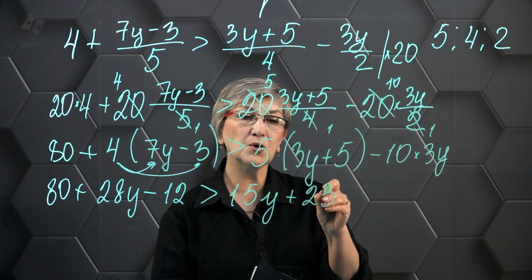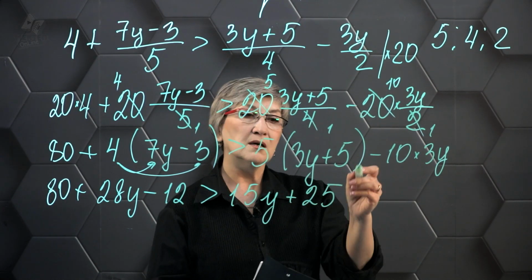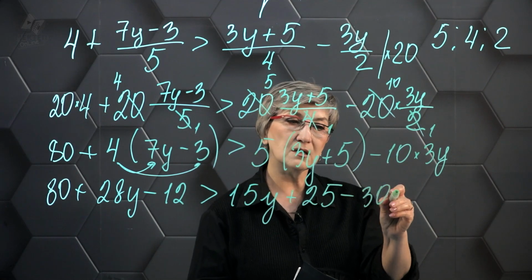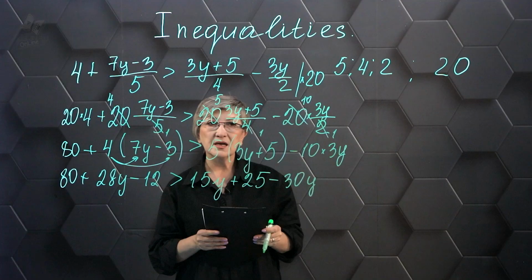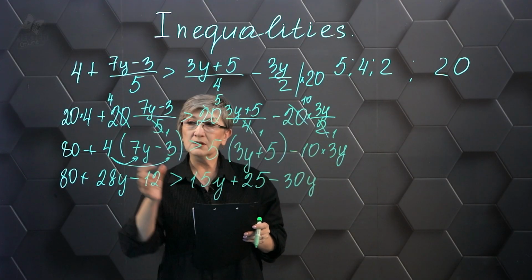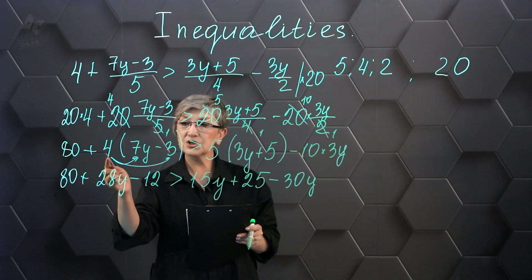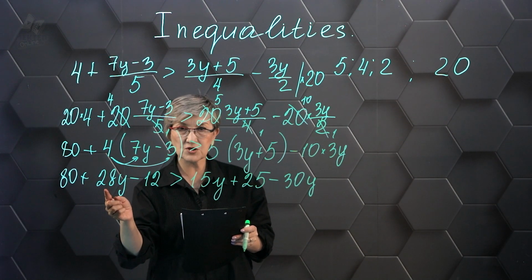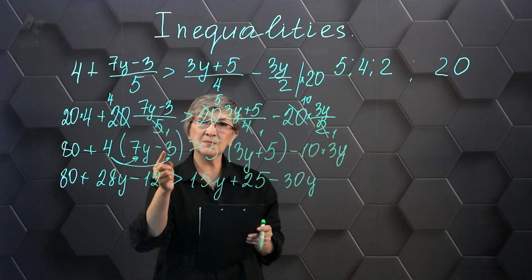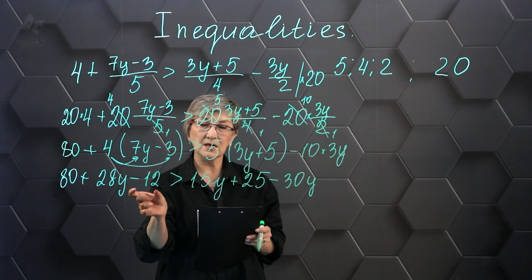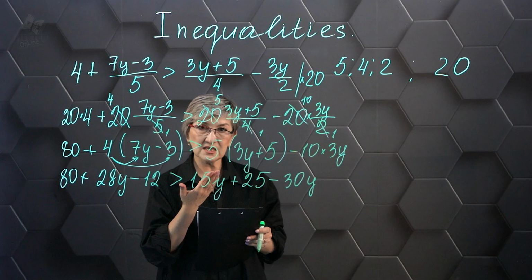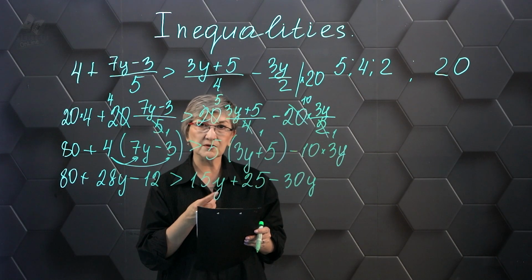Therefore, I write plus 25 and minus 30y. Note, I believe: first I calculate, then I write down the product. 4 times 7y equals 28y. 4 times negative 3 equals negative 12. And when you speak, you will not make mistakes with the signs.